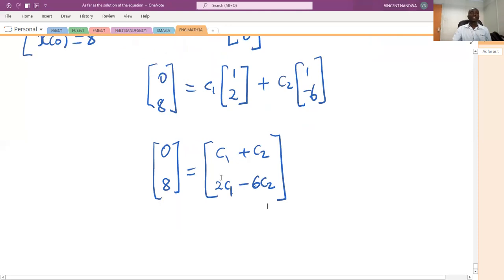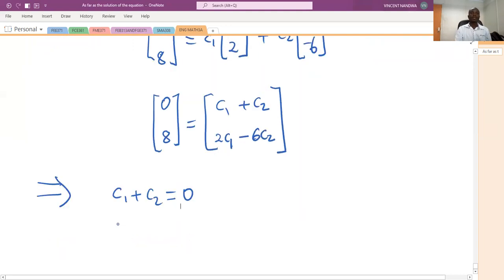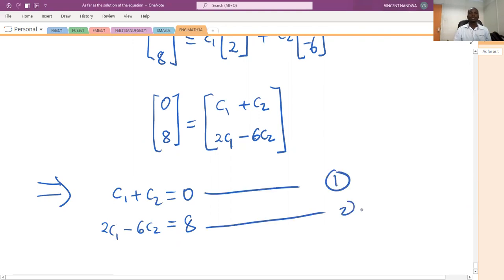As usual, for this equality to make sense, row 1, C1 plus C2 should be 0, and 2C1 minus 6C2 should be 8. Call this equation 1 and this equation 2.